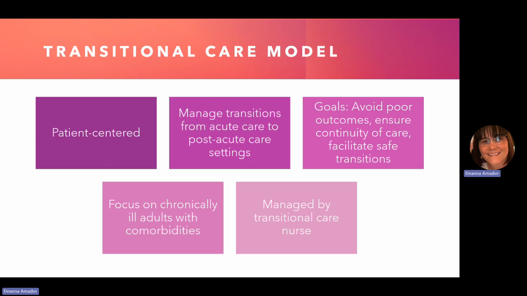Because of this, in 2010 they signed into place the Patient Protection and Affordable Care Act, the ACA. Increasing access, improving quality and safety, and lowering costs are basic principles of the Affordable Care Act.